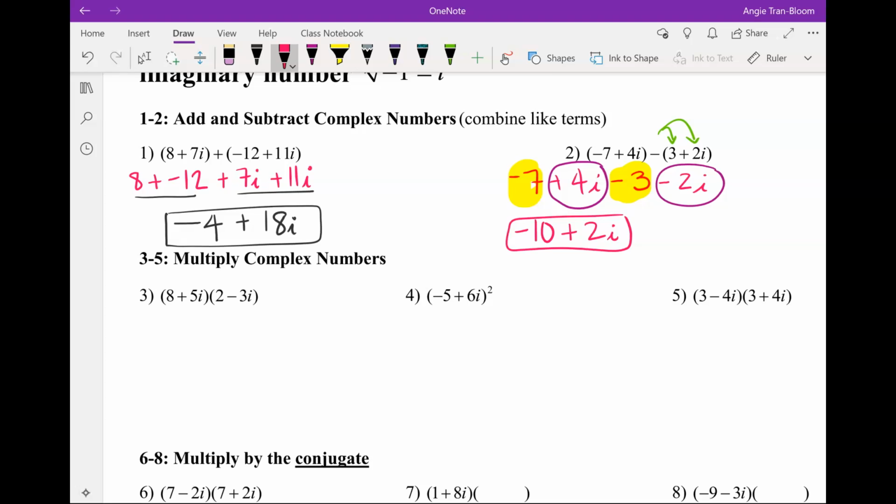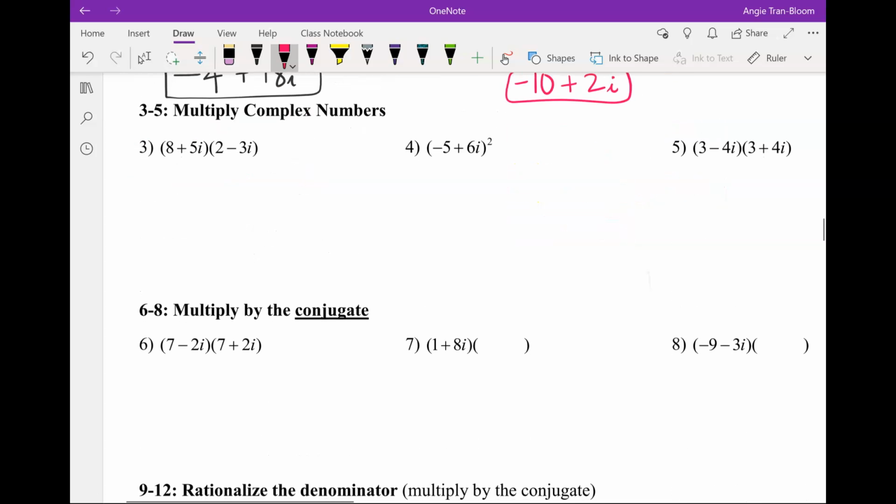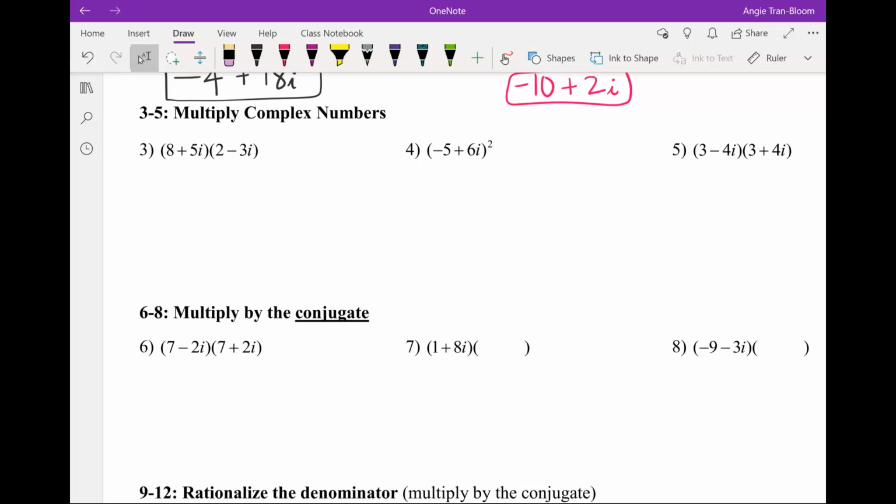All right, multiply complex numbers. You multiply the same way. Ready? How did you guys multiply example 3 back in the days? FOIL. You're right. Let's do it. 8 times 2 is 16. 8 times negative 3i is positive and negative, negative 24i. 5i times 2 is positive what? 10i.